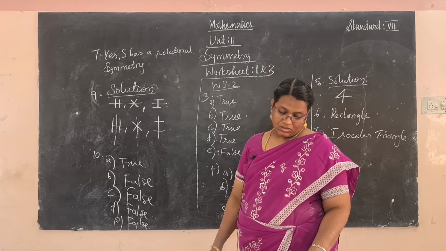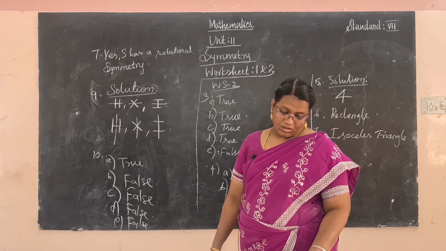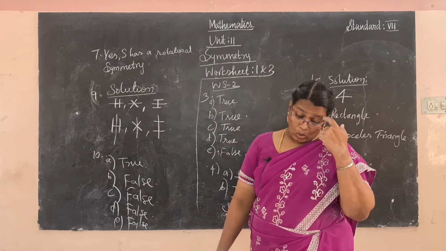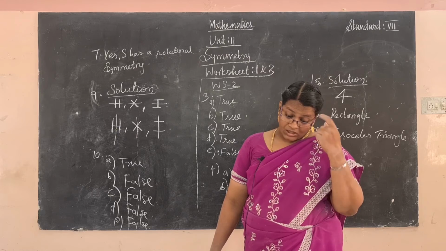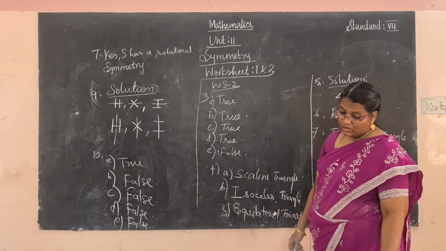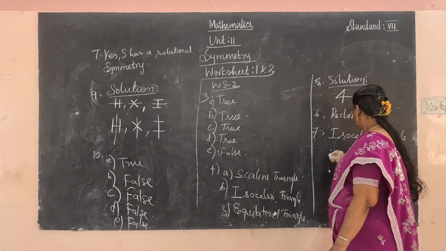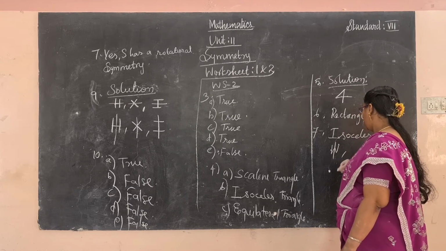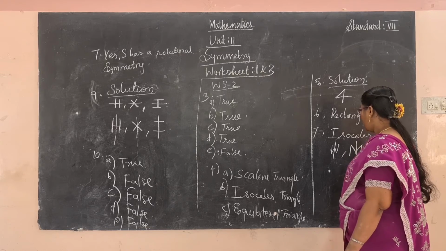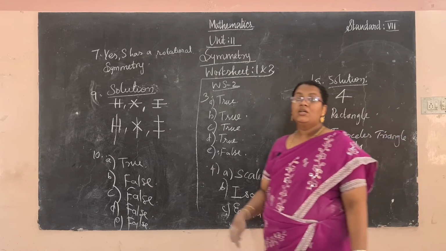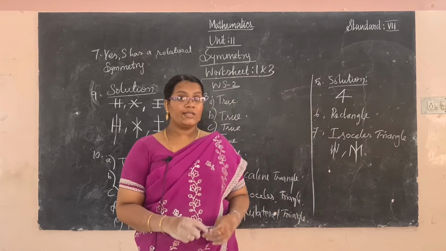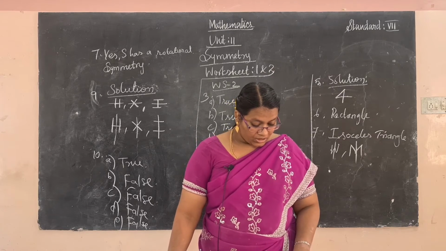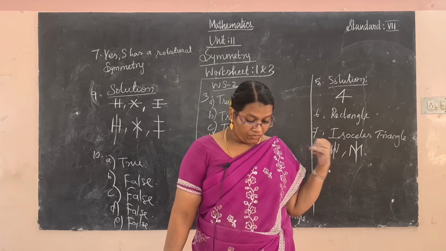W, M, okay, W has 1 line of symmetry, no rotational symmetry. That's why M also has 1 line of symmetry, but not rotational symmetry. So these 3 are the figures.